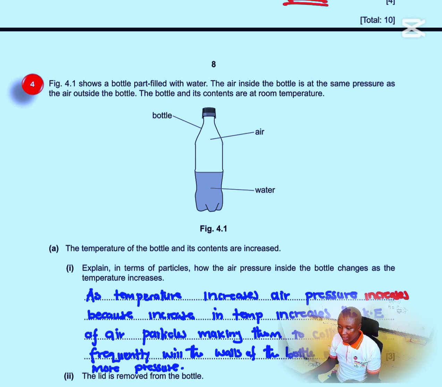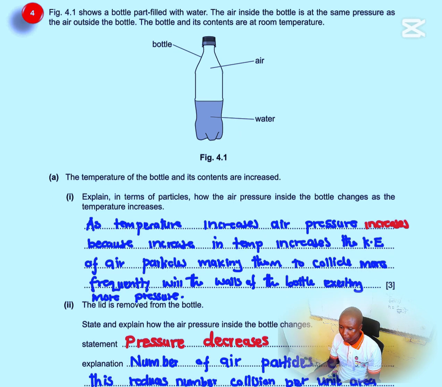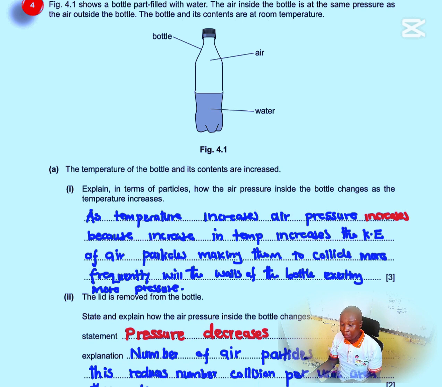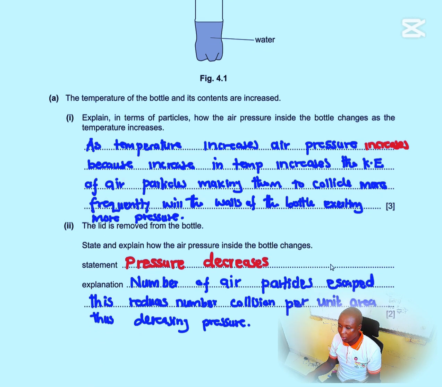Still talking about pressure, we shall talk about how temperature affects pressure, and in this case, we are being told, explain in terms of particles how the air pressure inside the bottle changes as temperature increases. Something that you need to realize is that as temperature increases, the kinetic energy of the particles increases.